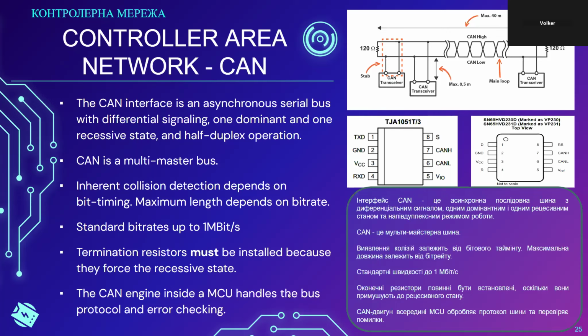The travel time along the bus of the electrical signal cannot be longer than a certain maximum time, because within every bit, the CAN engine is checking if its message is getting through, or if the message it's trying to send has lost the negotiation, if it has lost the prioritization.